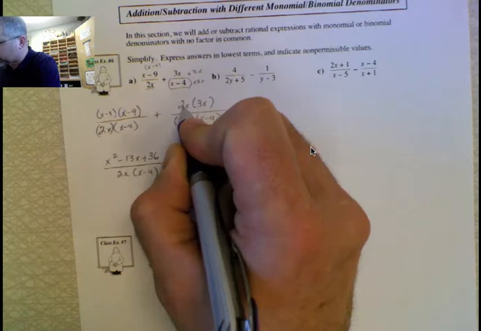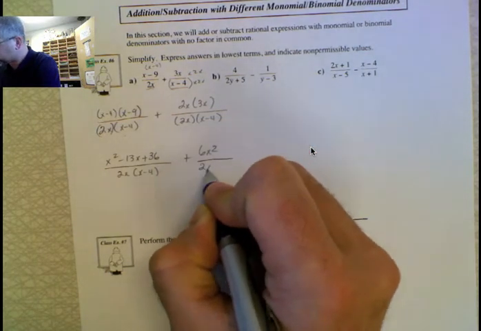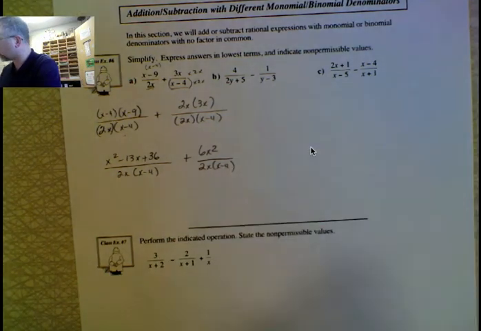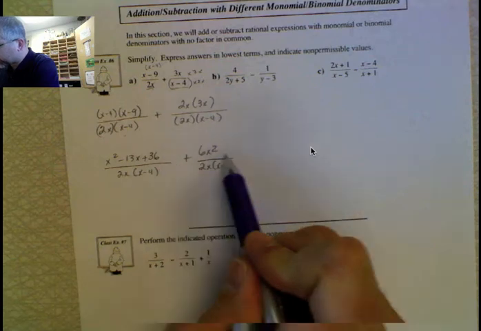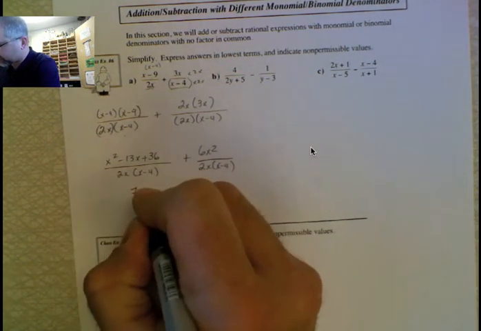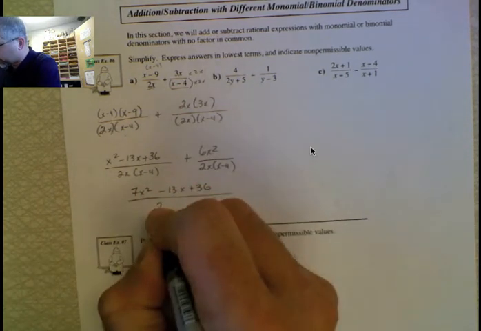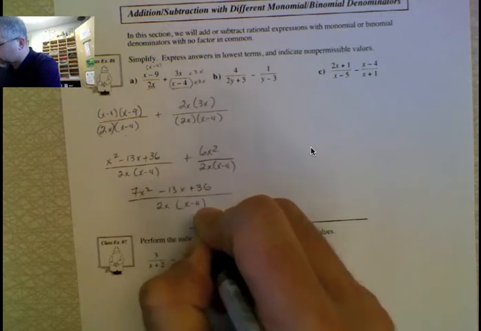When we expand 2x times 3x, we're going to get 6x squared. Still over the same common denominator. So, if we now add and subtract like terms, 6x squared plus x squared is 7x squared minus 13x plus 36 all over 2x times x minus 4.